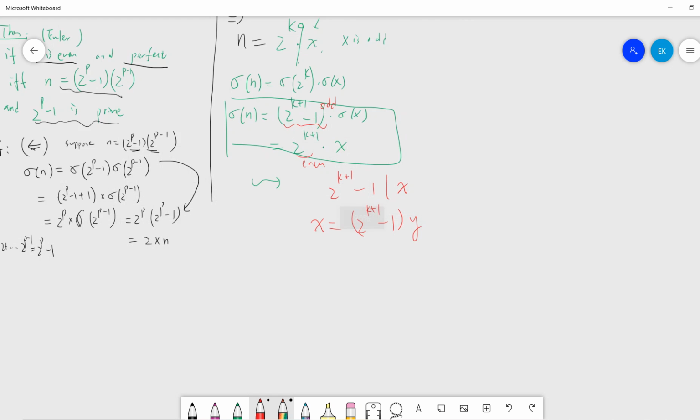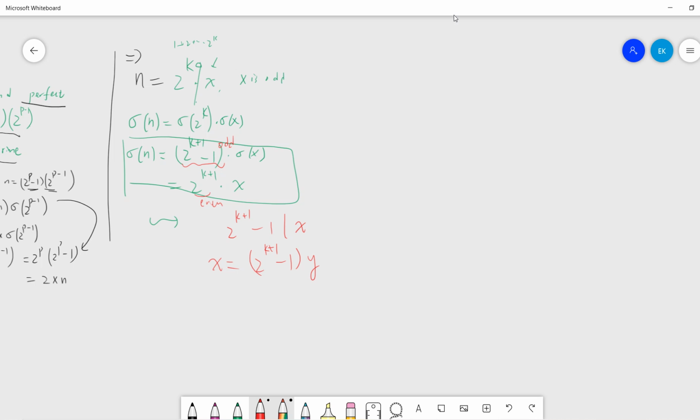Then from this, 2 to the k plus 1 minus 1 times sigma(x) equals 2 to the k plus 1 times 2 to the k plus 1 minus 1 times y. So this tells you that sigma(x) equals 2 to the k plus 1 times y.